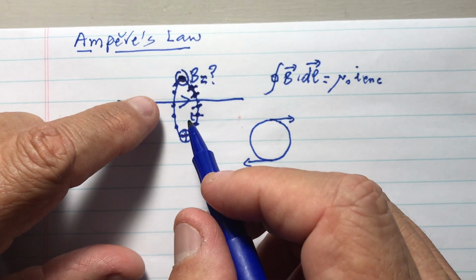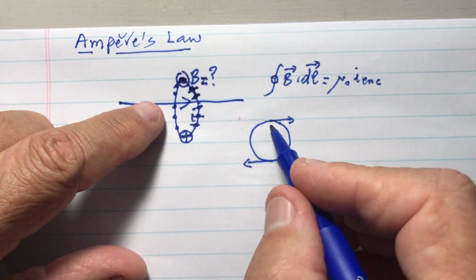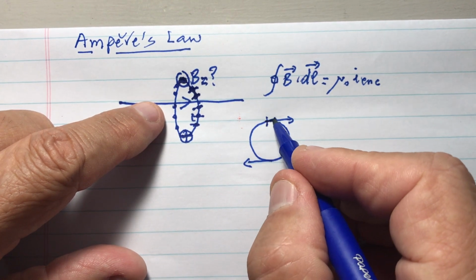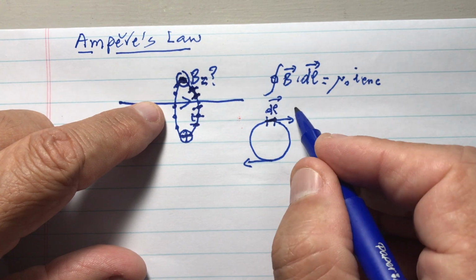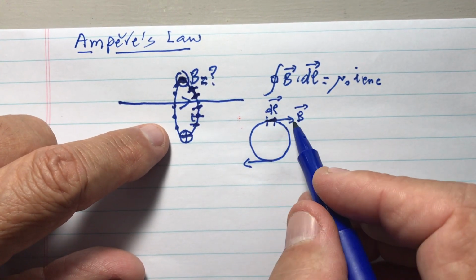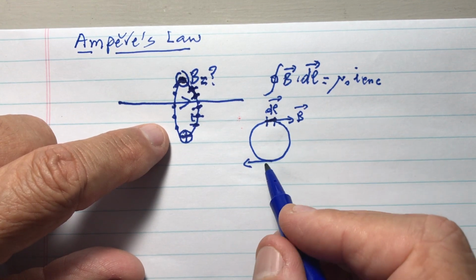Now, this is dl, and the B field is here. You can see that dl and the B field are parallel to each other.